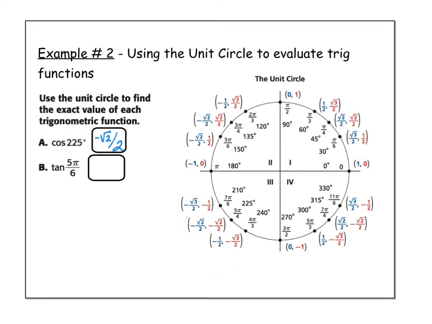Now, if you're not that comfortable with radians yet, you convert that to degrees and you can find it a little bit easier. But remember, the initial side of your angle is going to be along the positive x-axis here. And you can look on the unit circle and find 5 pi over 6, which is right here, which is also 150 degrees.